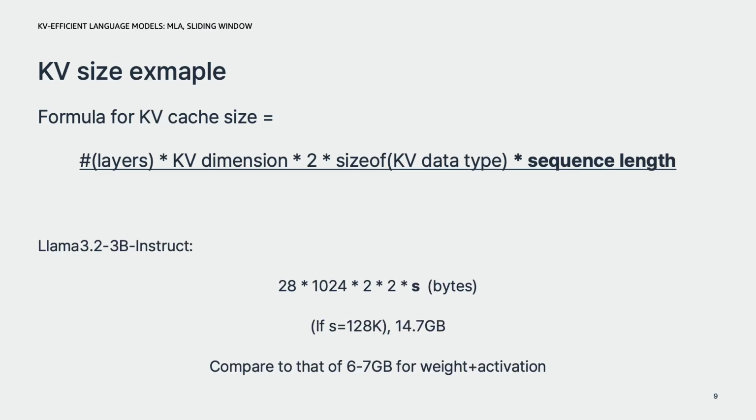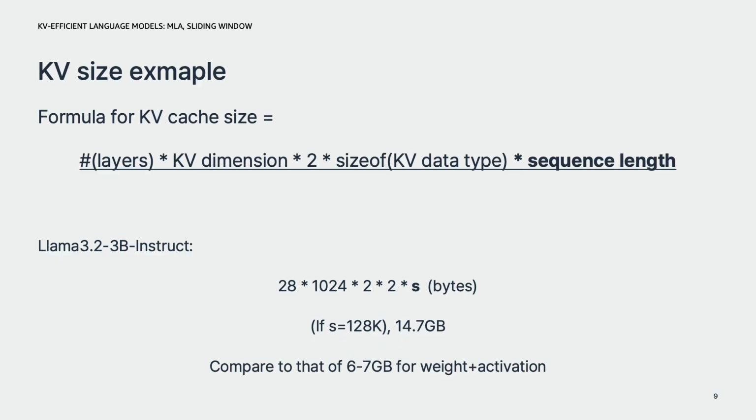So let's see the Llama 3.2 3B model for an example. There are 28 layers in this model with KV dimension 1024, and the KV data type is brain float 16, so that corresponds to 2 bytes. And the sequence length S, of course, decides the exact KV cache size. Let's assume that S is 128K, which is, by the way, very, very large.